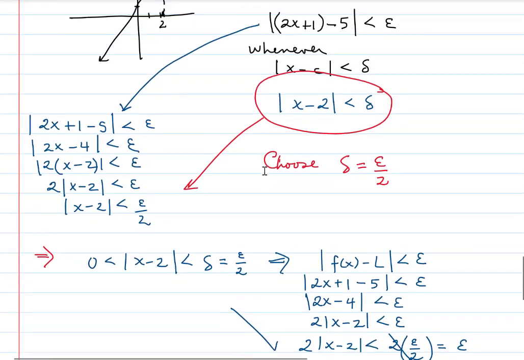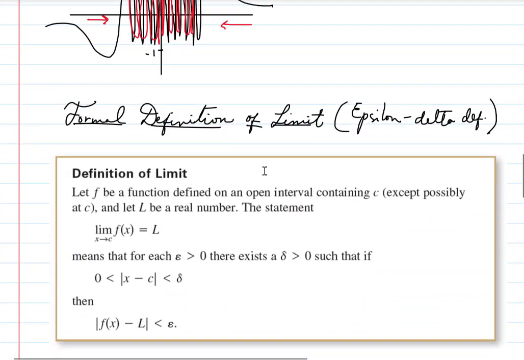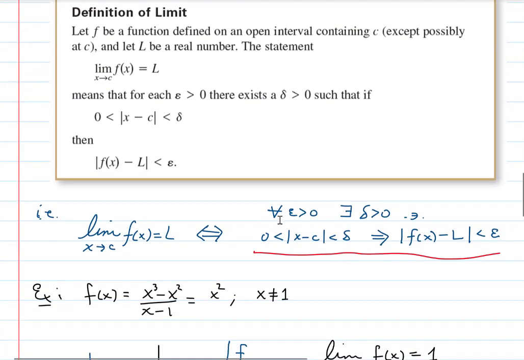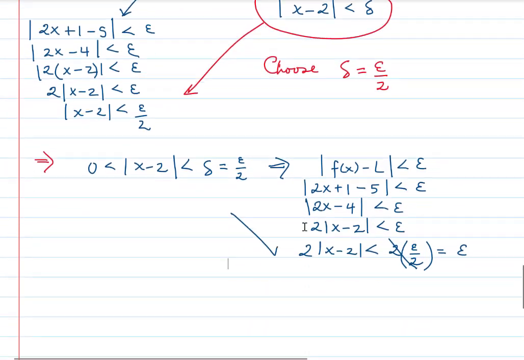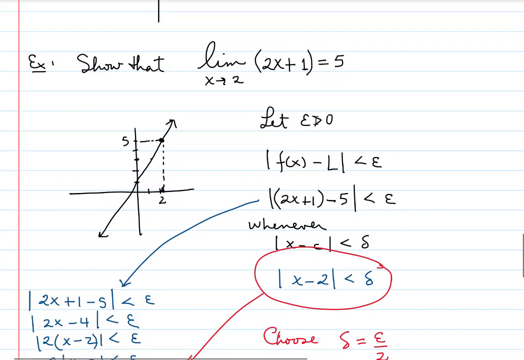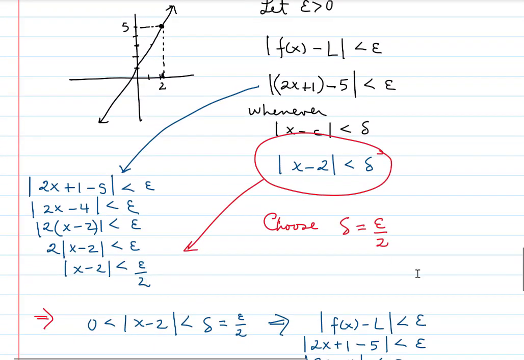Well, this guarantees that you always have one. The definition says we only need one delta, but it's got to work for all epsilon. So if you let epsilon be whatever you want, say 5, then the delta would be 5 halves. If you let it be 1, this will be 1 half.